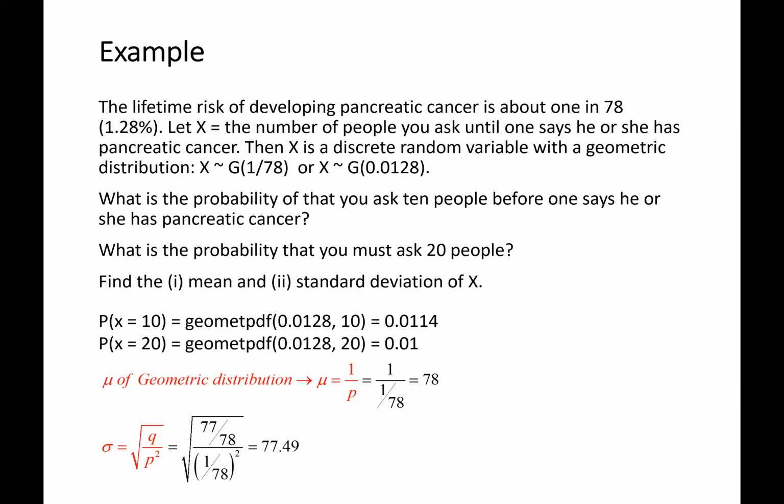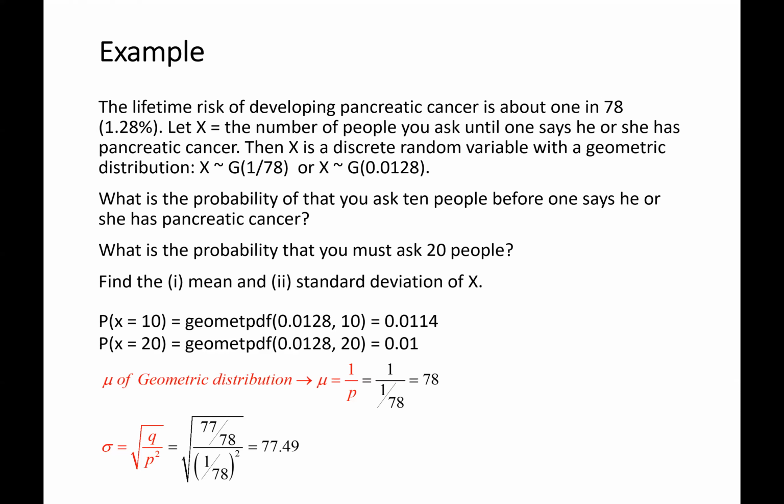The mean of a geometric probability distribution is found by 1 over the probability of a success. Since our probability of a success was 1 over 78, 1 divided by 1 over 78 is 78. So you would expect on average to have to ask 78 people before you found one that said they had pancreatic cancer.